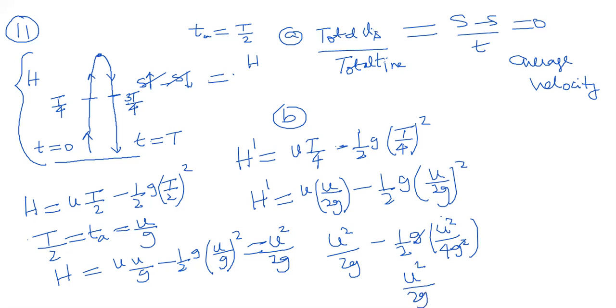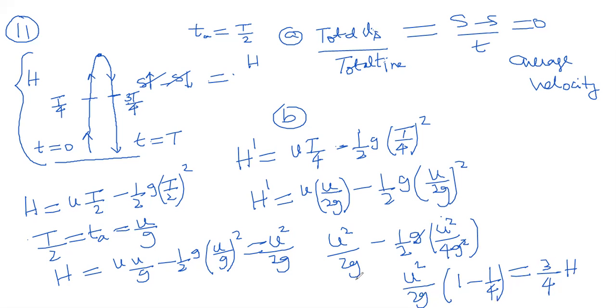If I take u square by 2g common, it will be 1 minus 1 by 4, is it or not? So what are you getting? 3 by 4 of the maximum height.